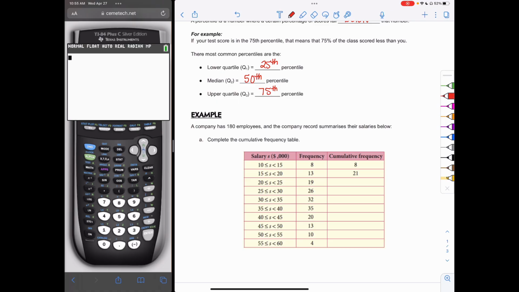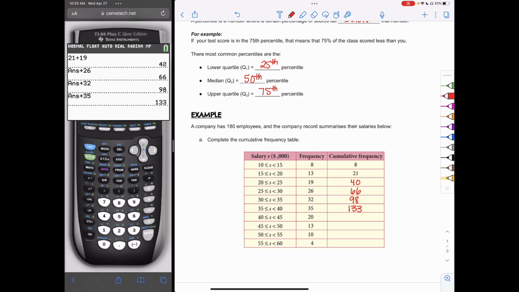When we complete the cumulative frequency table, we are basically taking a running total. So we start off with a cumulative frequency of 8, and then we take 8 plus 13, and we get 21. Then 21 plus 19, which is 40. Then 40 plus 26, which is 66. Then 66 plus 32, which is 98. Then 98 plus 35, which is 133.